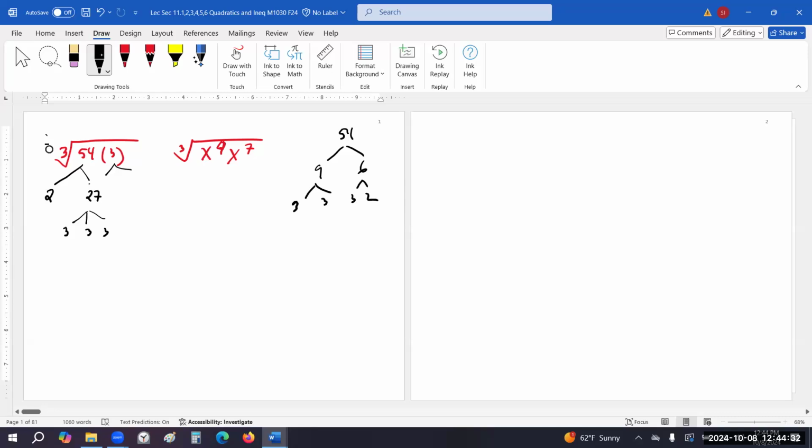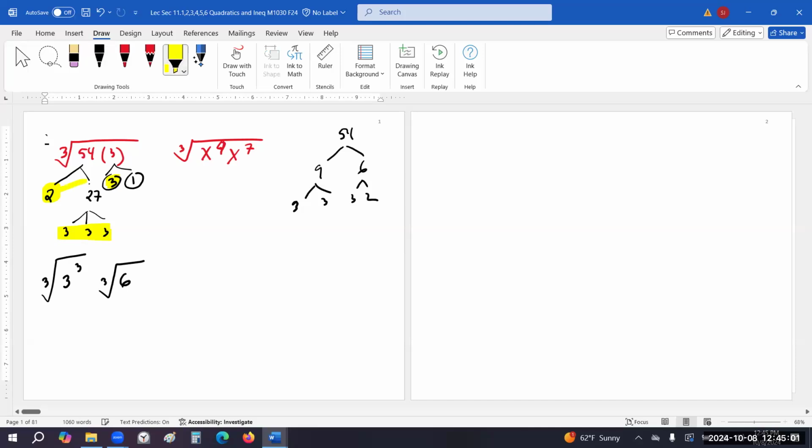It doesn't matter which way you do, you still have three 3s, and then you have 2 here, and if you split 3, it's 3 and 1. The 1 doesn't count. It's always there everywhere. So that means we have 3, 3, and we have 2 and 3, which is 6. So cube root of 3, 3, and cube root of 6.